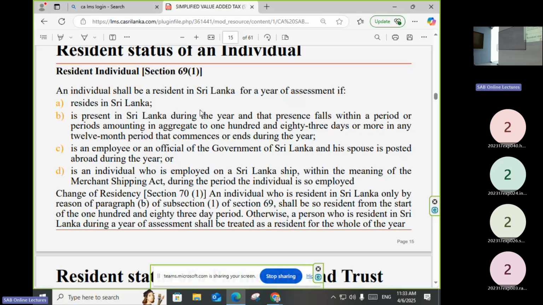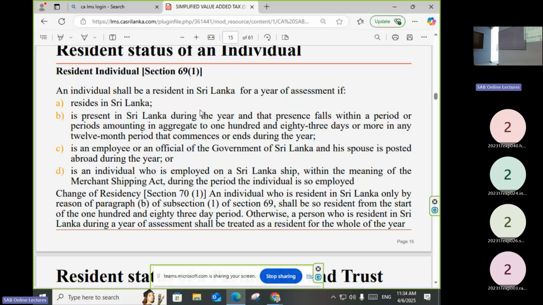If an Australian individual came to Sri Lanka and stayed more than 180 days, he should be considered a resident individual for tax purposes. Income generated wherever, even Australian income, we have to consider when we work out the taxable income. That is the danger.